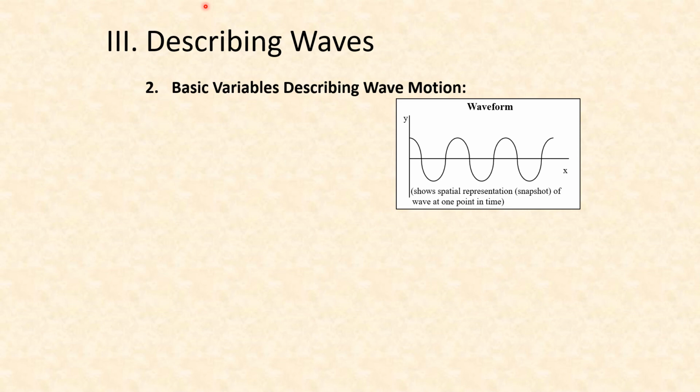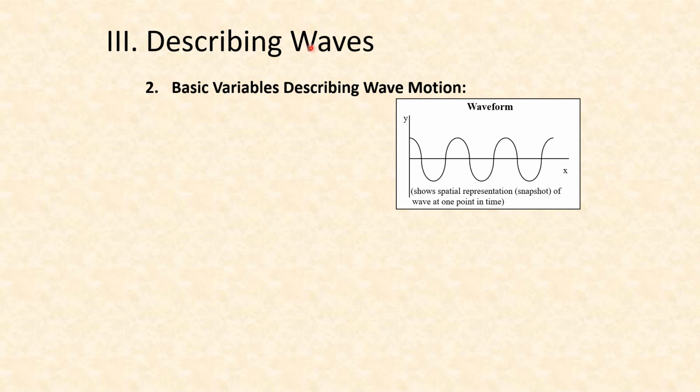These variables, you recall, were position, velocity, and acceleration. In the same way, in order to describe the motion of a wave, we will describe a set of variables that will allow us to do so. So let's introduce these basic variables describing wave motion.